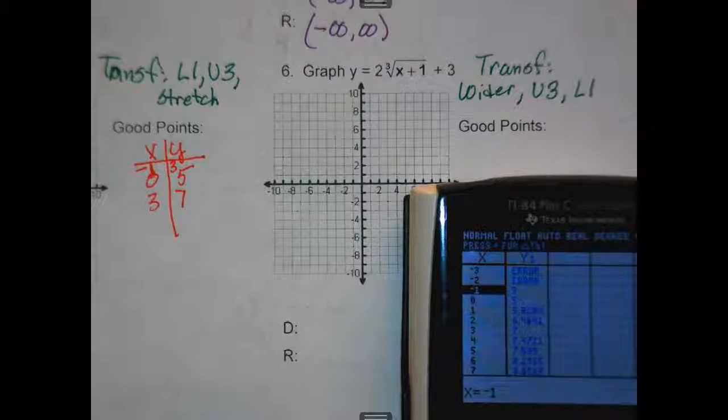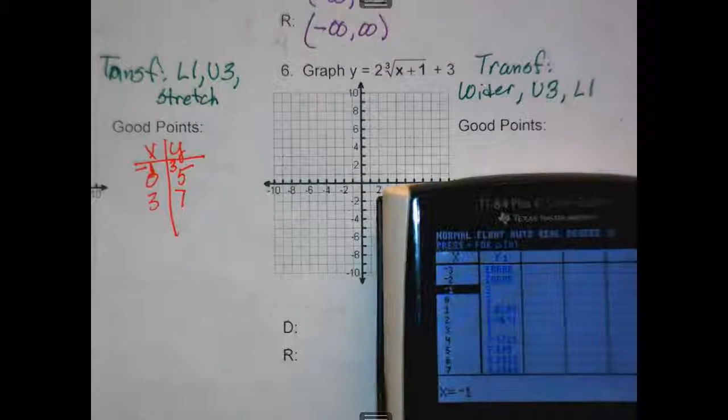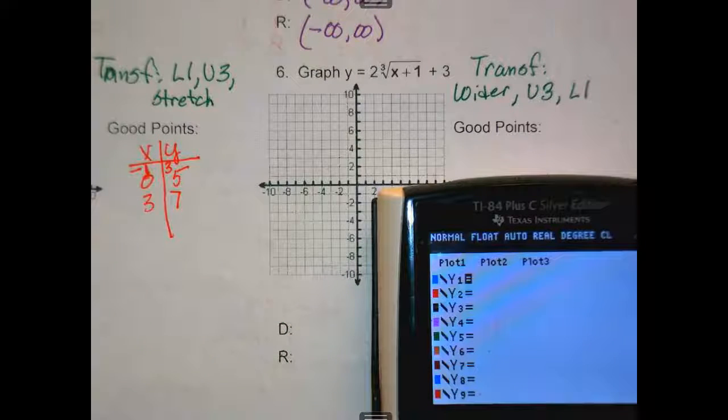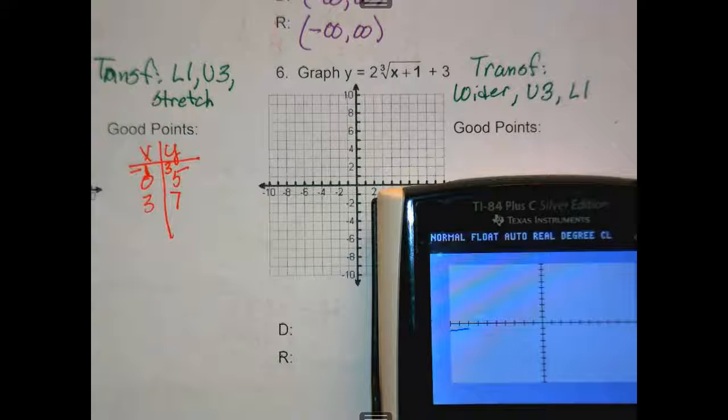Graph it. This is a cube root, so we're going to need 5 points. 2 times the cube root, math 4, x plus 1, parenthesis, plus 3. Graph.